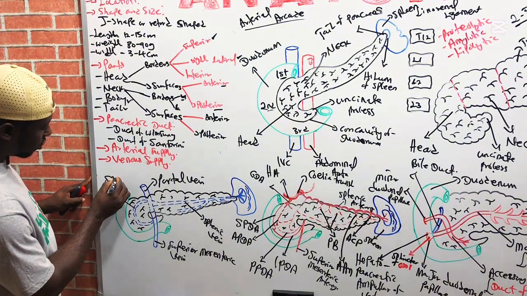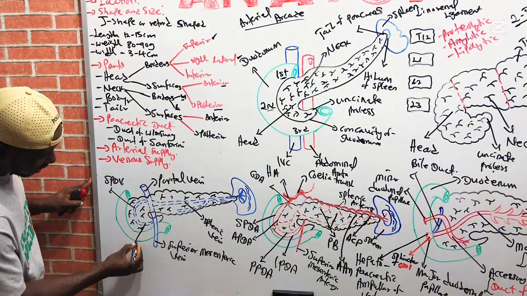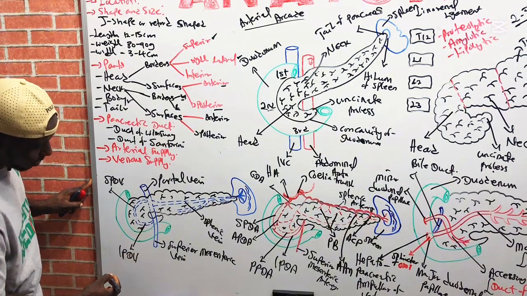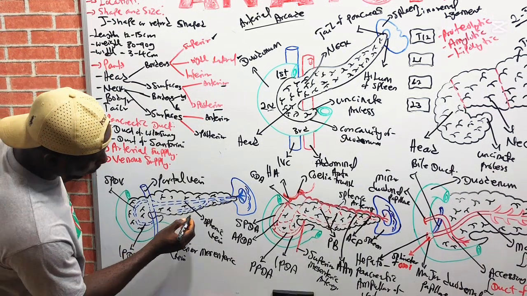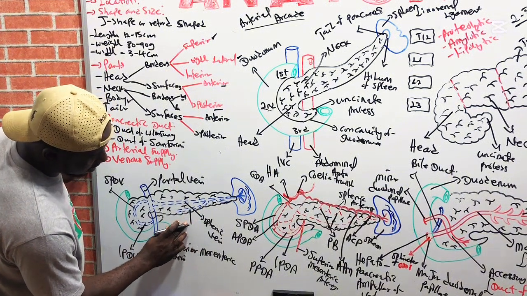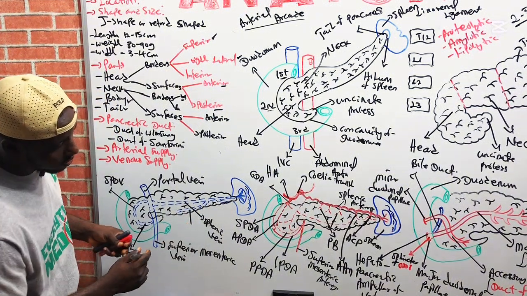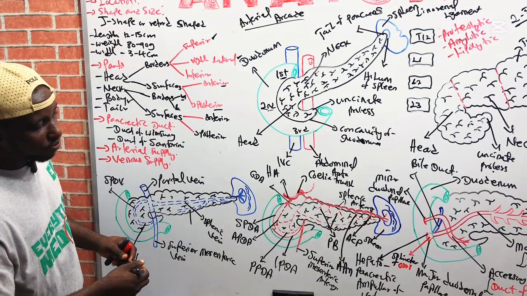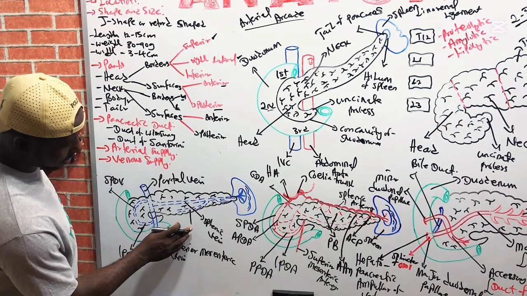This is the inferior pancreaticoduodenal vein. Here we call it the pancreatic vein.